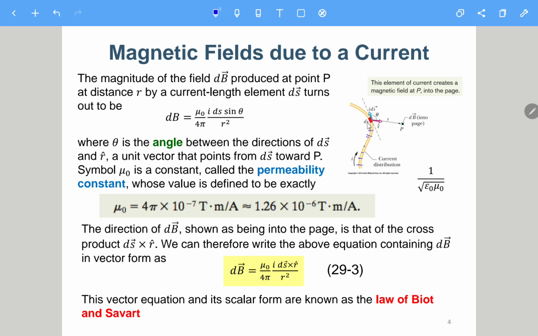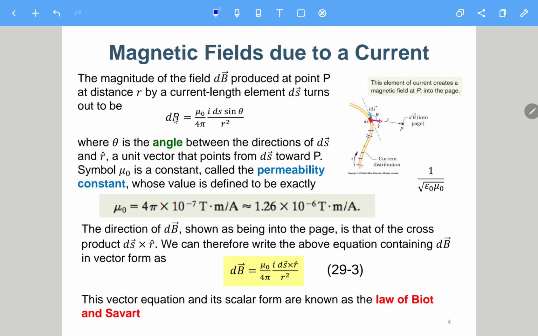This one is ds. ds will generate a B field in the whole space, but here we only consider the point P. For every segment, it will generate dB at this point P. If we want to find the total B field generated at point P, then we need to find dB for every segment, and then add them together as an integral. You can imagine, the idea is like that.